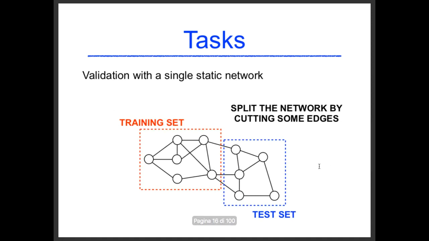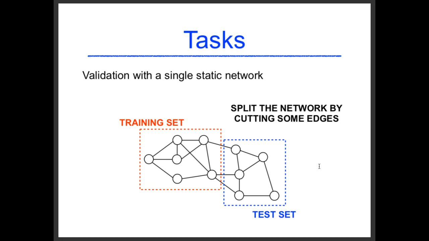Now, it could be straightforward, but better to say that if you have a single static network, then the only thing that you can do is that you have to split at some points. You have to cut some of the edges and build a training set and the test set separate in order to train on data that are not seen, test on data that are not seen during training, okay?